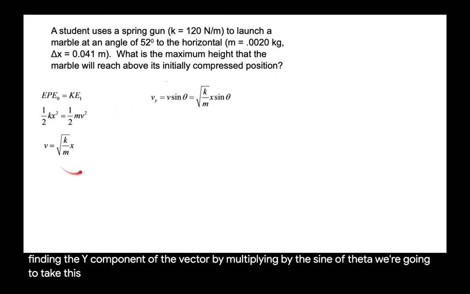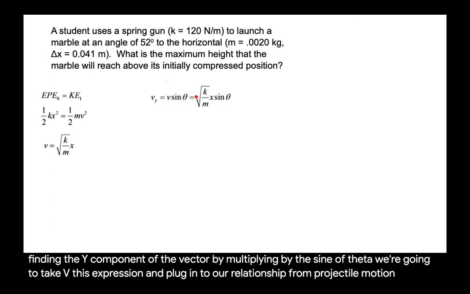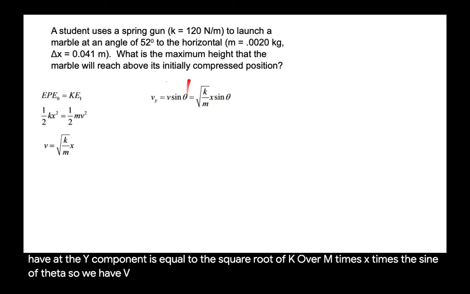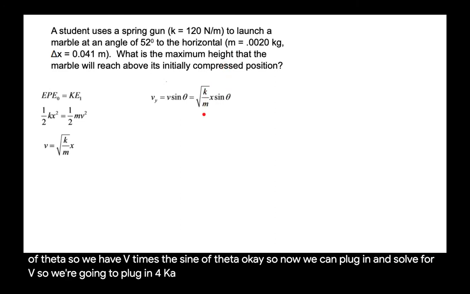We're going to take v, this expression, and plug into our relationship from projectile motion. So we have that the y component is equal to the square root of k over m times x times the sine of theta. So we have v times the sine of theta. Now we can plug in for k, m, and theta and solve for v.